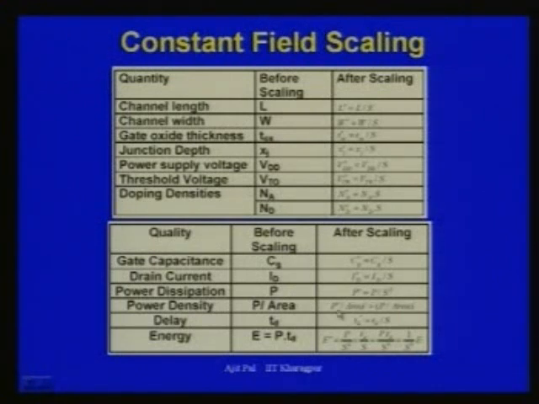Power density remains the same, that's a good thing. Delay decreases by a factor S, that means the circuit becomes faster. You have reduced the supply voltage by a factor S, you have also reduced the threshold voltage by a factor S, and as a consequence the delay has reduced by a factor S, and the energy drawn from the battery by the circuit reduces by a factor of S cube.